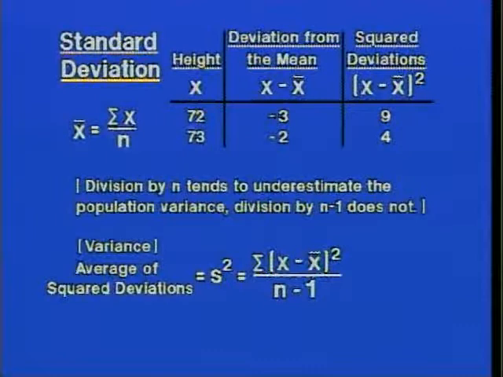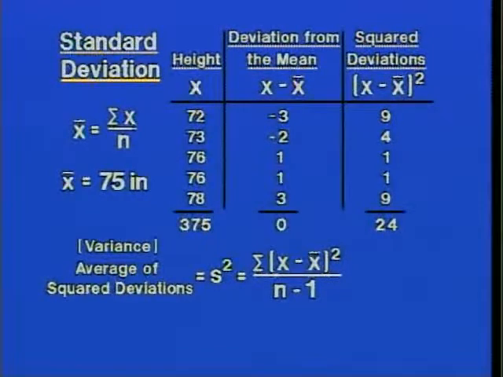Well, at any rate, this is our relationship then that we're going to use for calculating variance. And when we pop this into our calculator or make the calculation here, it's 24 divided by 4, or 6.